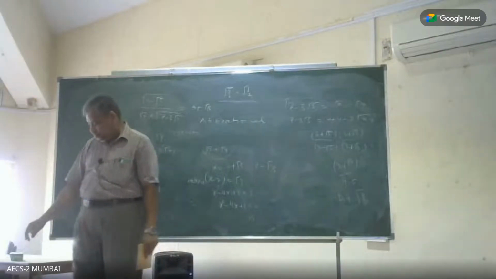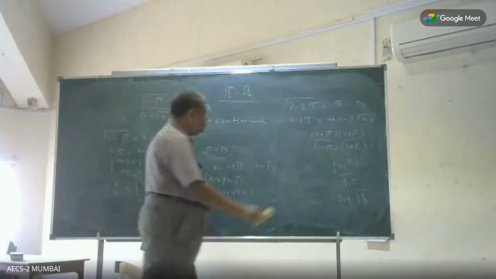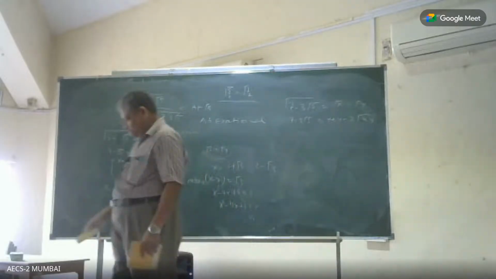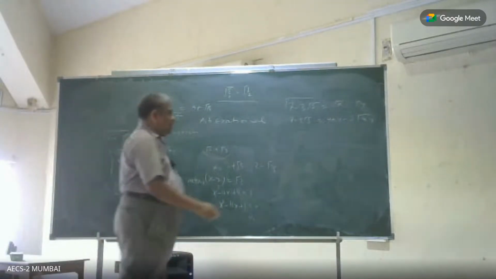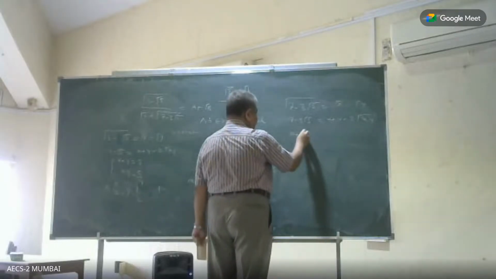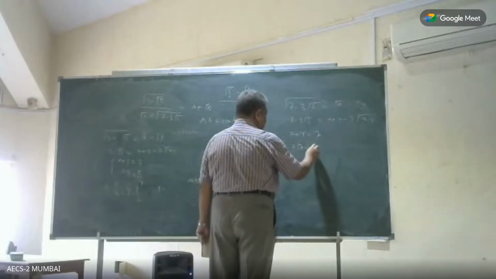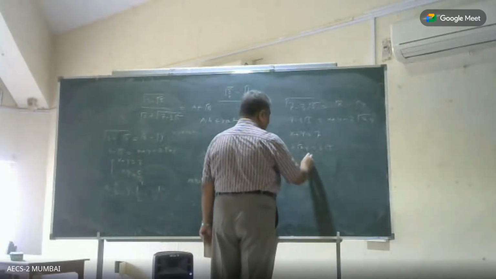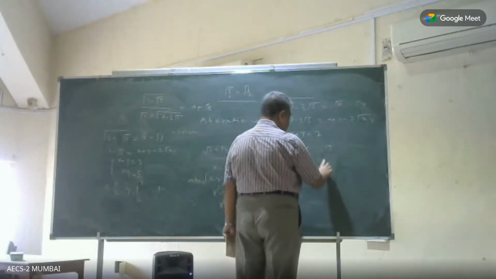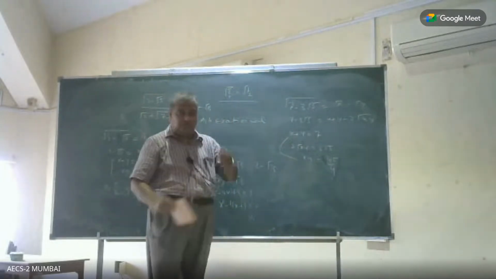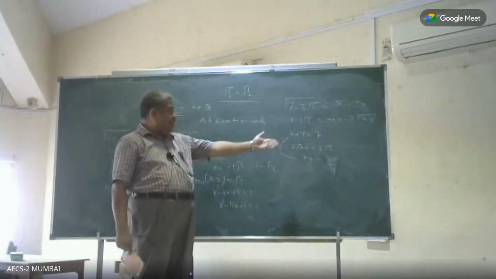So this x plus y will be 7 and this 2 root xy will be equal to 3 root 5. So xy is equal to 45 upon 4.